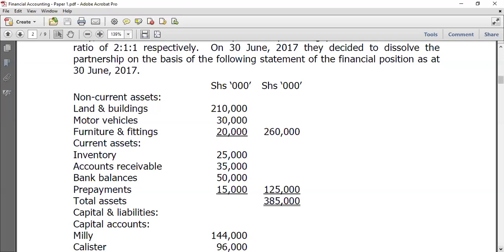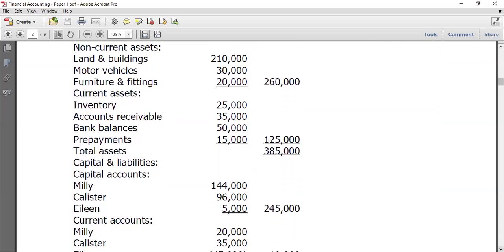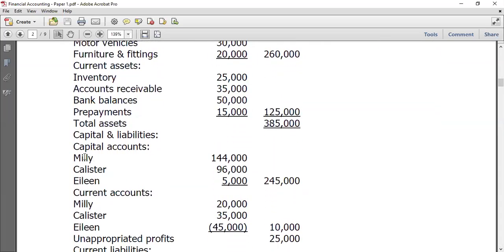Then down on capital and liabilities, or equity and liabilities, under capital, Millie had 144, then Calista, Ellen, and then we had current accounts for Millie, Calista, and Ellen, with their respective amounts.